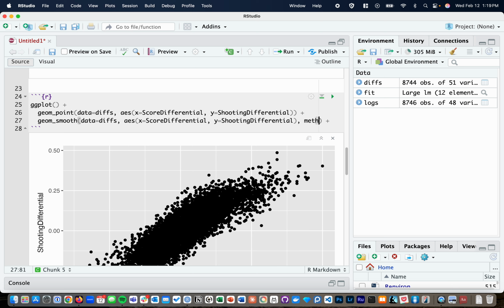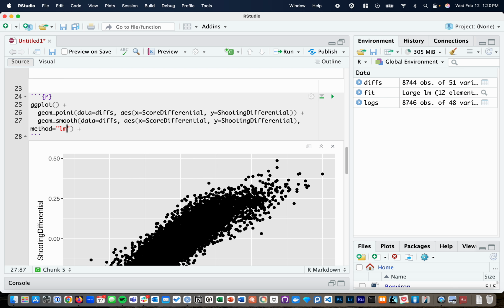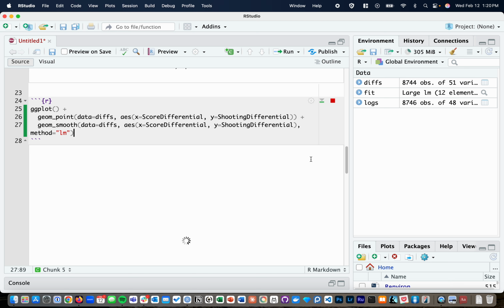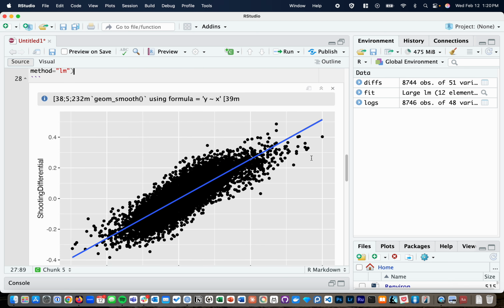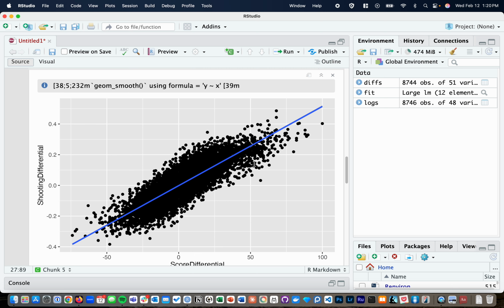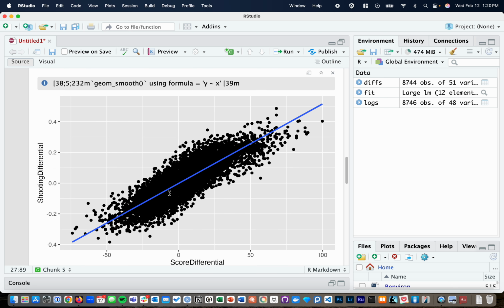We'll get into that much later in the semester. But there's my y equals mx plus b right there. So this line here predicts.